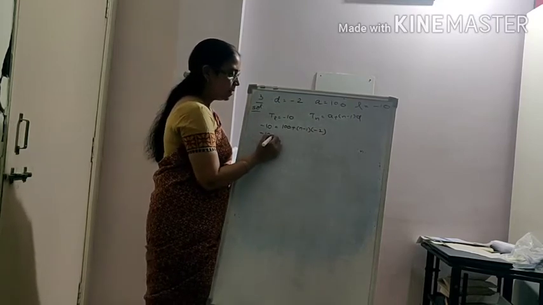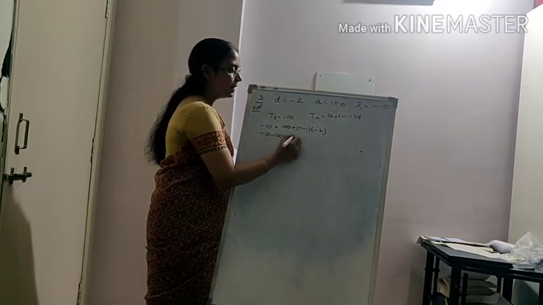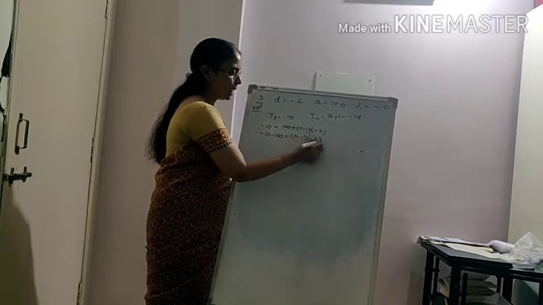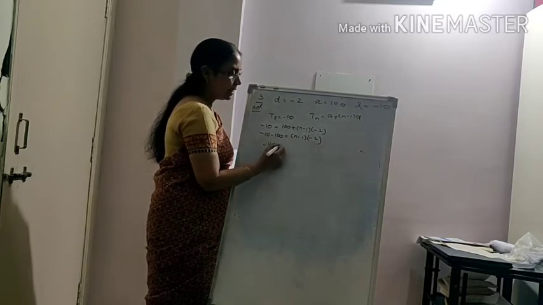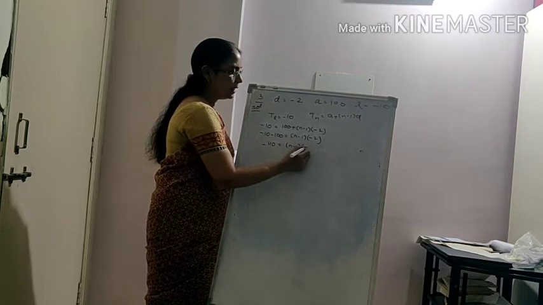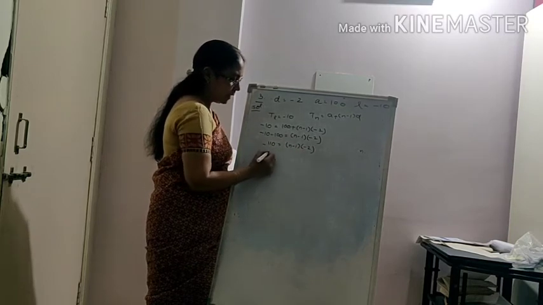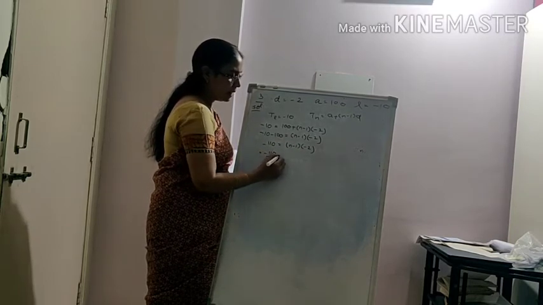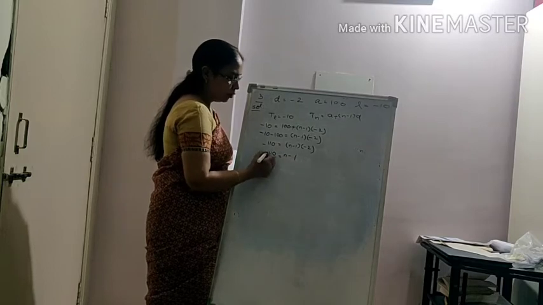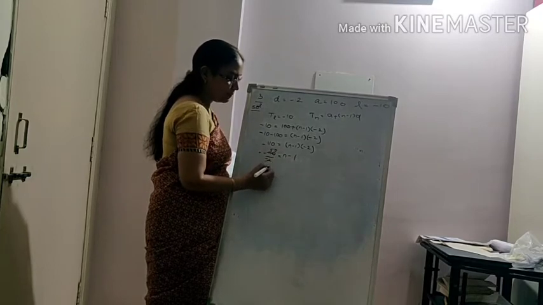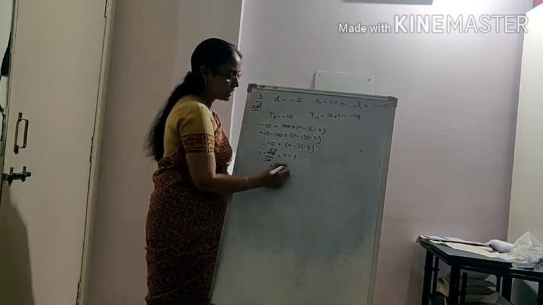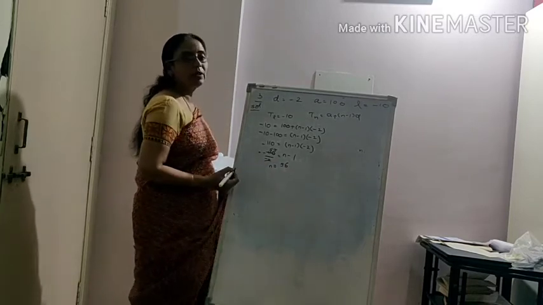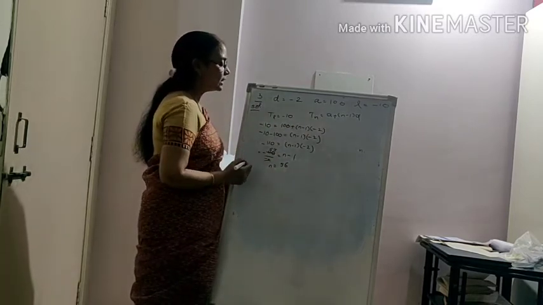Minus 10 minus 100 is equal to n minus 1 into minus 2. Minus 110 is equal to n minus 1 into minus 2. If you divide, minus 110 by minus 2 is n minus 1. 2 will go 55 times. So n is 56.